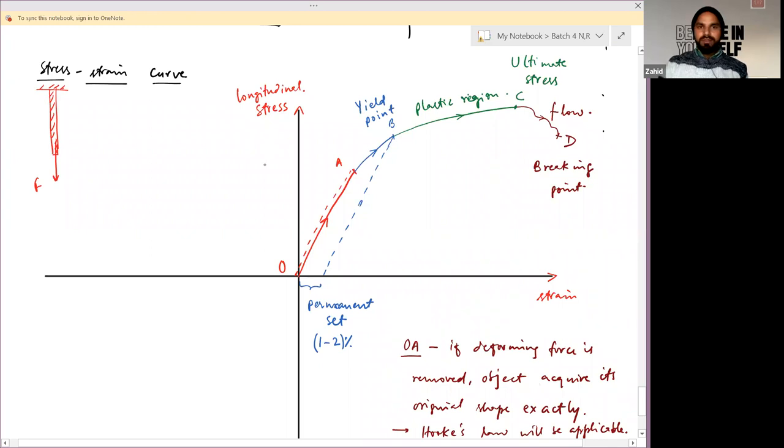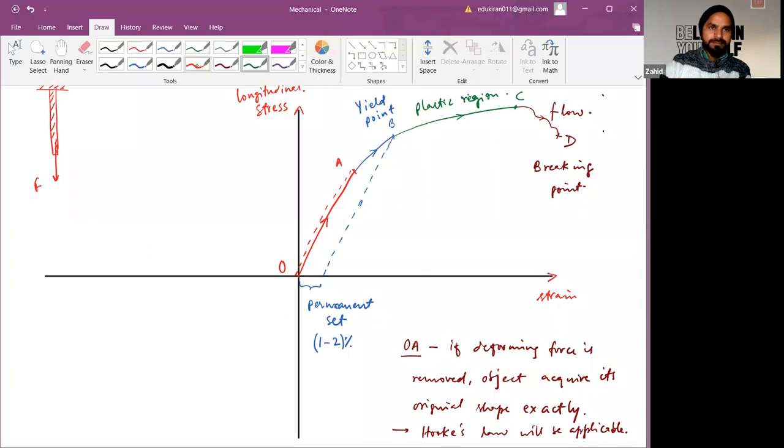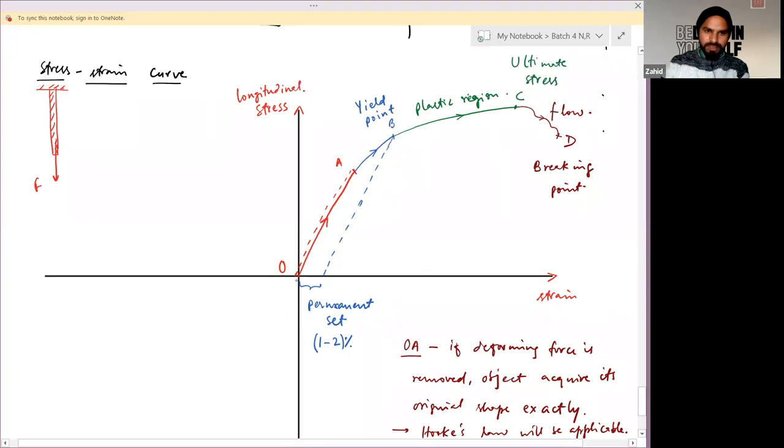Since I have drawn the graph only for the longitudinal or elongated part, similarly, there will be a curve for compression as well. So it will be along this.